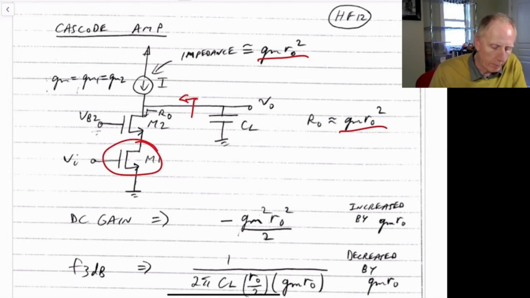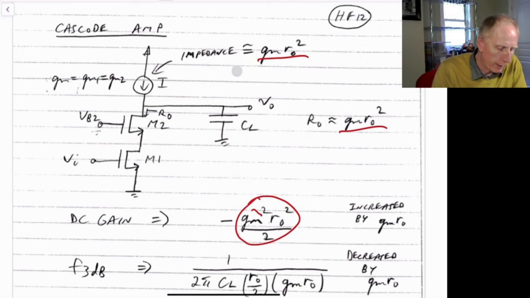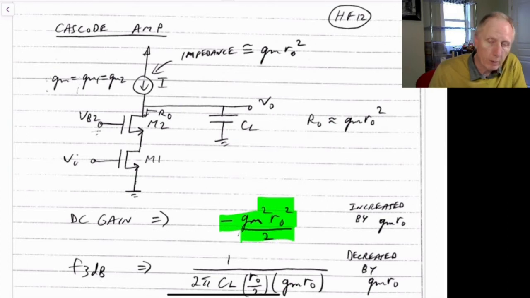So we'll have gm R naught squared divided by 2, but times gm, so the whole thing ends up being gm squared times R naught squared divided by 2. We've seen that our DC gain has been increased by a factor of gm R naught, because we have a cascode transistor M2, and we've also cascoded our current source.